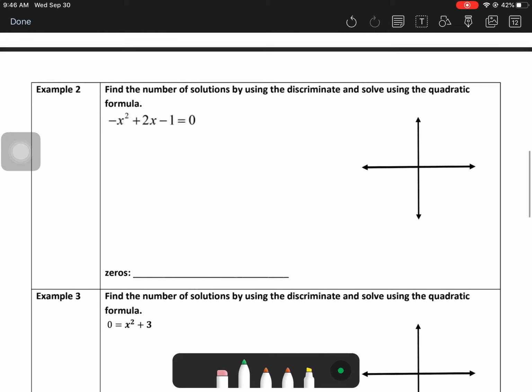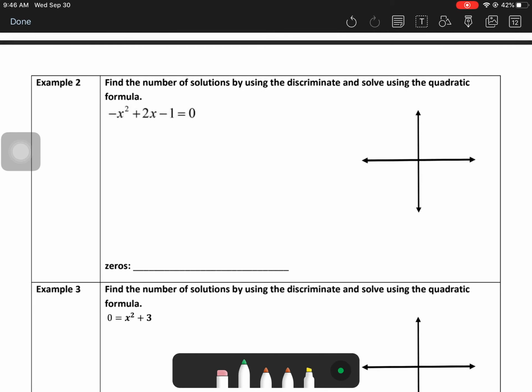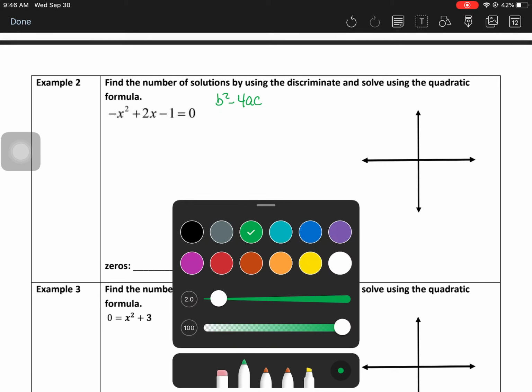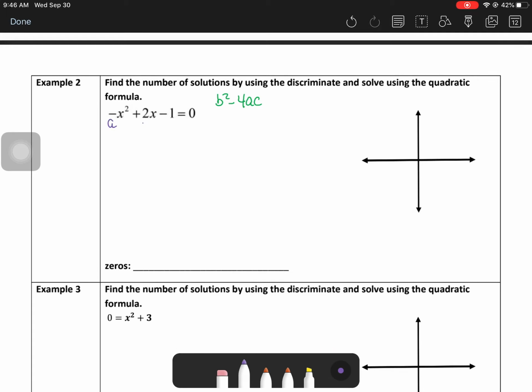Okay, in the next example, -x squared plus 2x minus 1. So first we're going to find the discriminant, which is b squared minus 4ac. My quadratic is equal to 0, so I'm ready to go. So here's my a, here's my b value, here's my c.